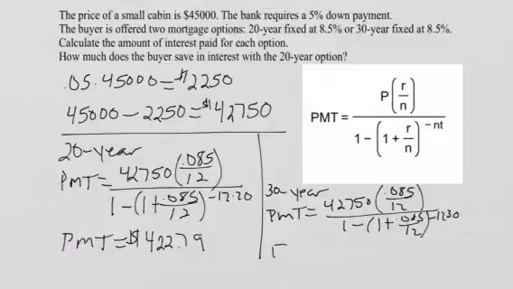Alright, so now if I do those calculations, I get a monthly payment amount for the 30-year option of $328.71. Alright, so there's my two monthly payment amounts.